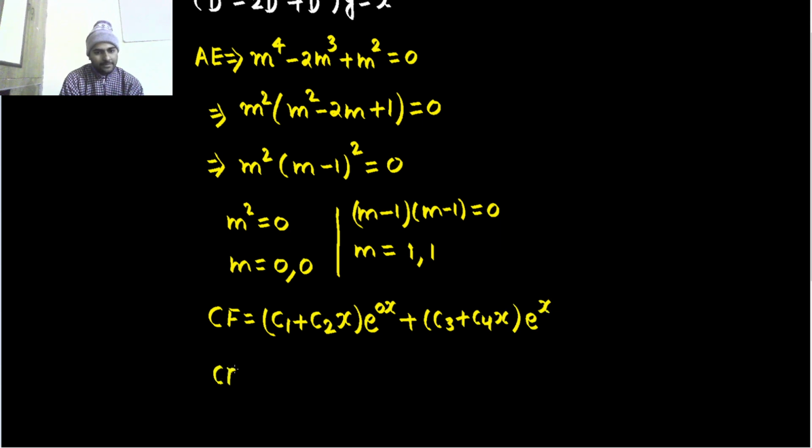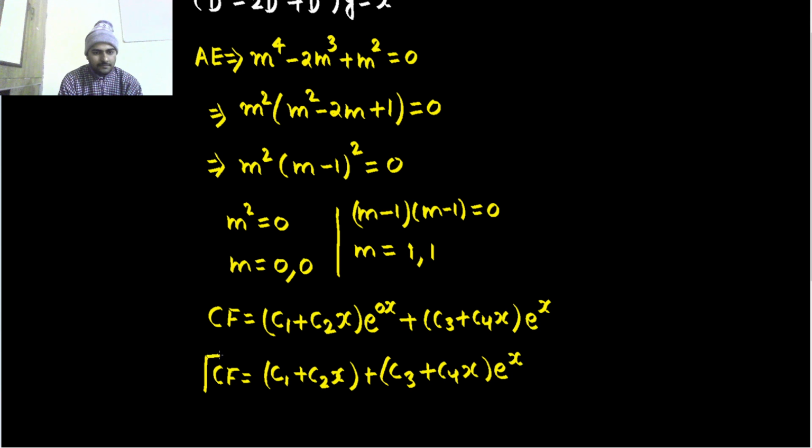So if I write it in a better way, I can write this as (C1 + C2x) plus (C3 + C4x) multiplied by e^x. So this is what I have got as my complementary function.